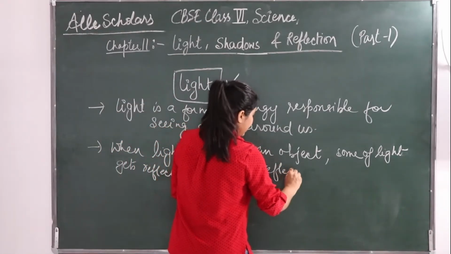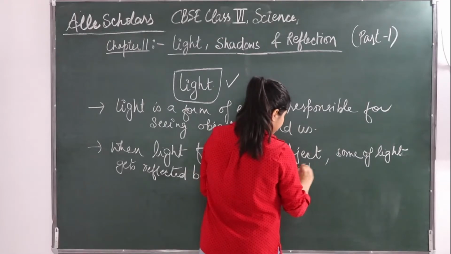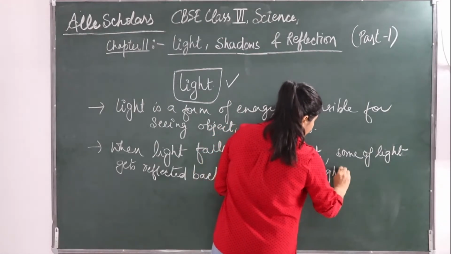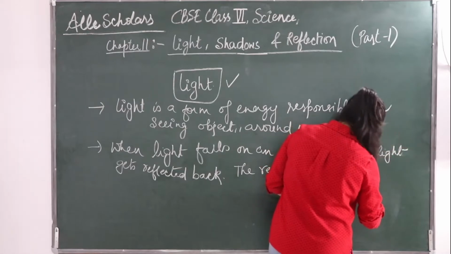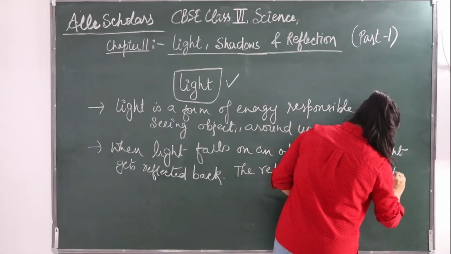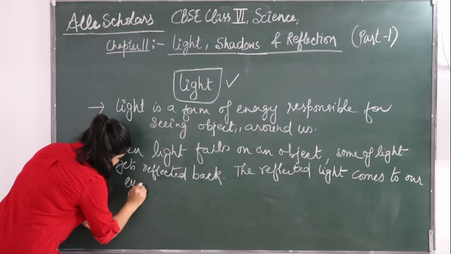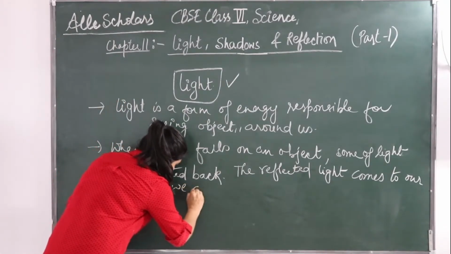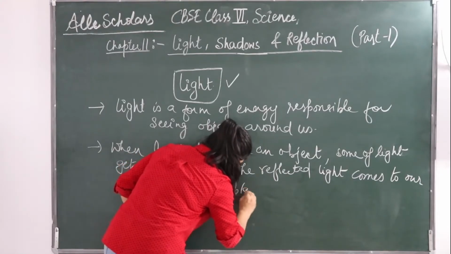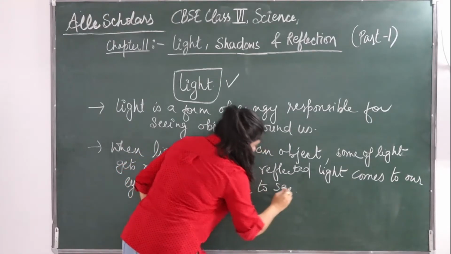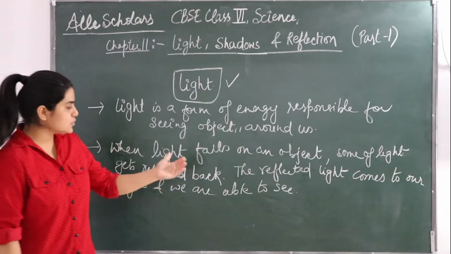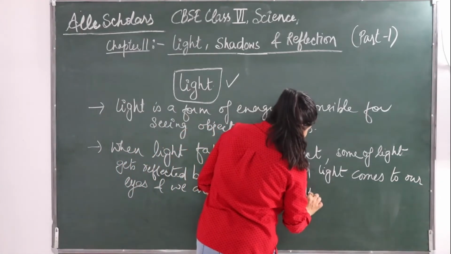The reflected light comes to our eyes and we are able to see. This makes us see an object.